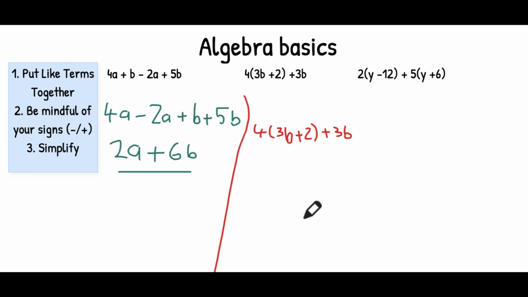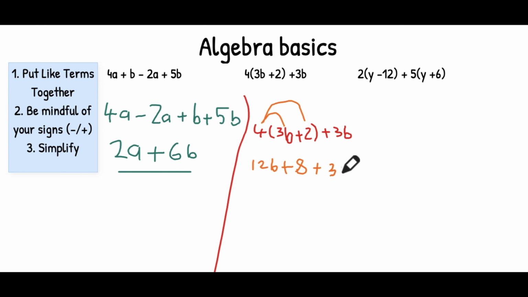The thing with algebra is that when we have brackets, as we know from all our previous videos, brackets symbolize multiplying. So in this case, you're going to say 4 times 3b and the same 4 times 2. So let's do it. 4 times 3b would be 12b. Then 4 times 2, as we notice they are both positives, is just positive 8. Then plus 3b, which was not involved in the brackets.